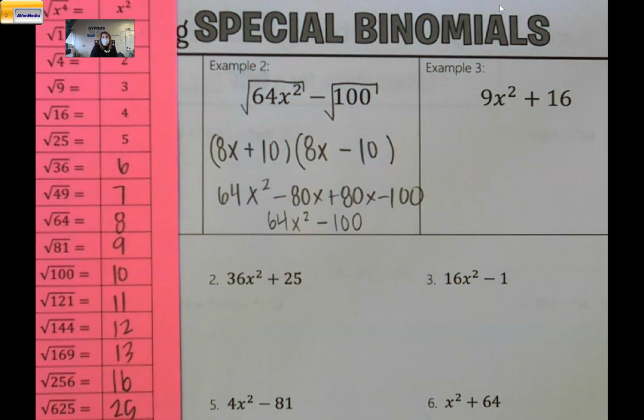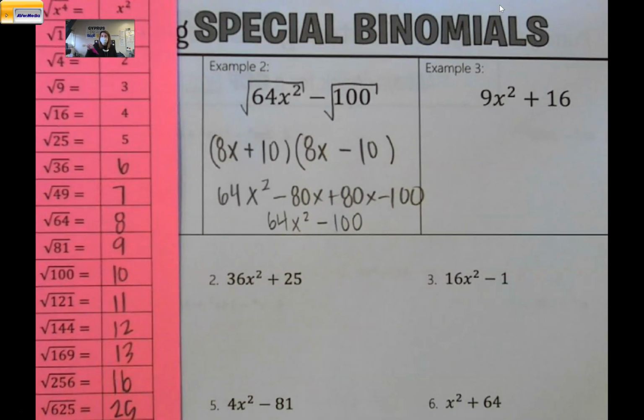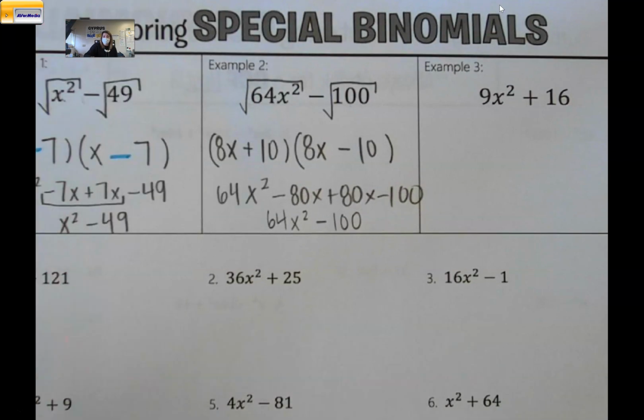So we only have one other kind that we need to look at. So this time, what is the difference? How is this one different than example 1 and example 2? What is it? Look at them. Just look at these things that we factored.